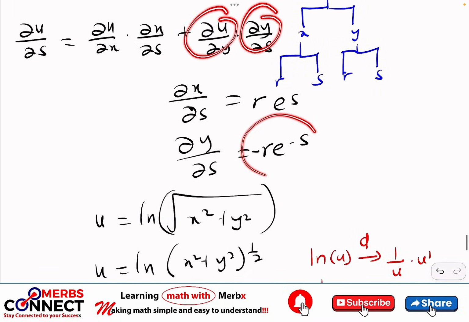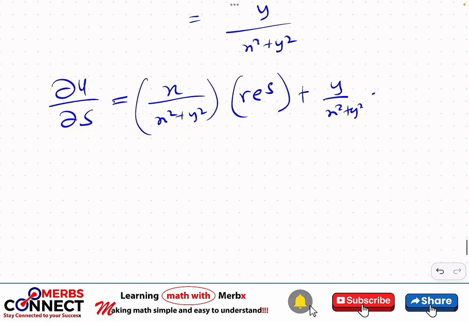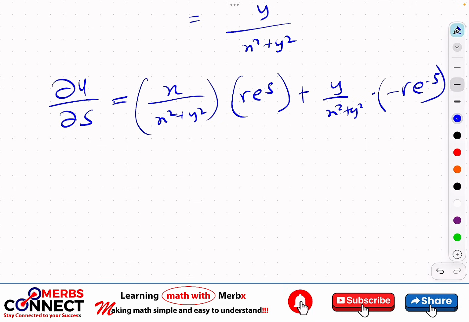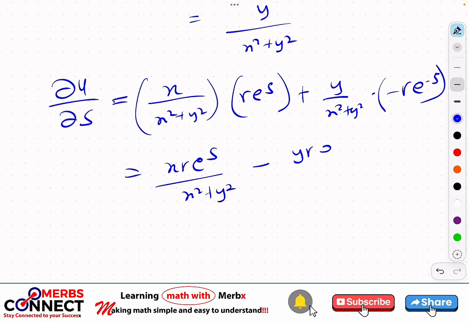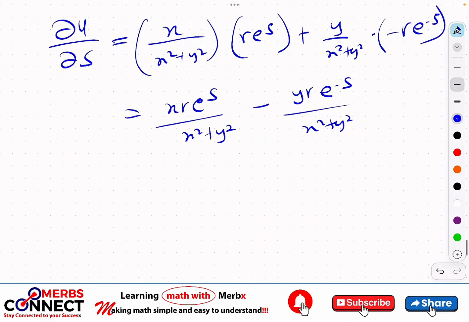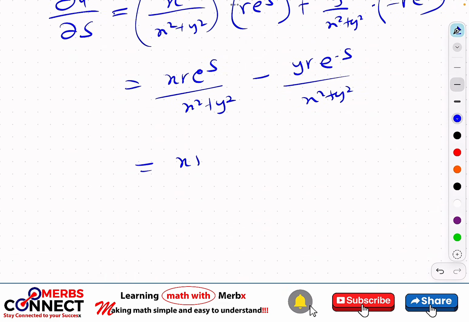This is minus of this. So this is going to give us minus r e to the minus s. Okay, now what can we do? This is the same as x r e to the s divided by x squared plus y squared minus y r e to the minus s divided by x squared plus y squared. Since the denominator is the same, you can combine them and have this minus y r.